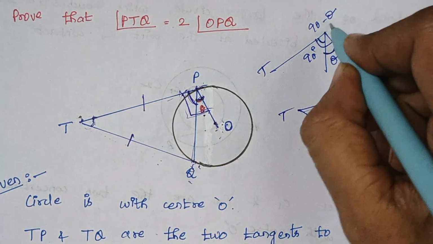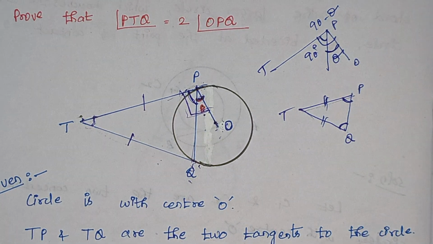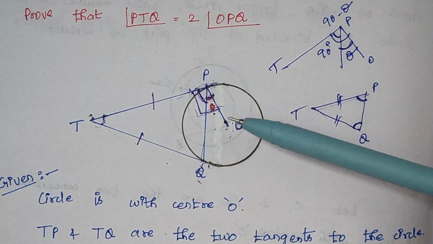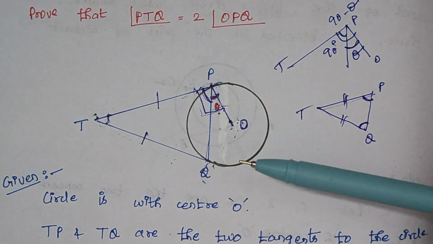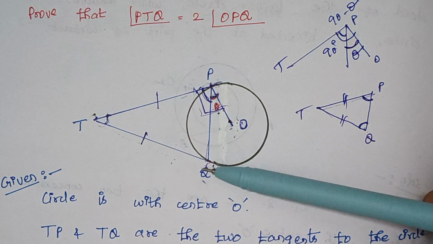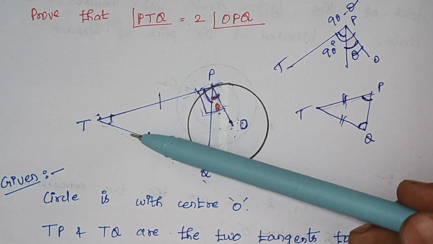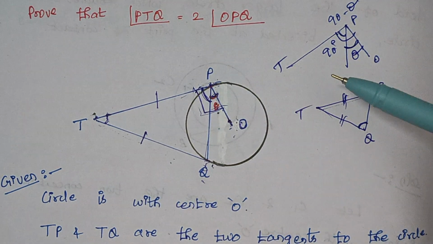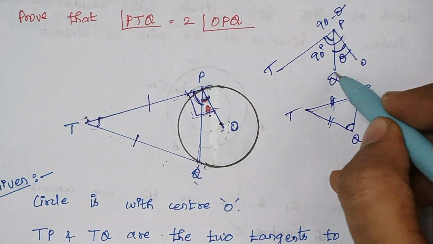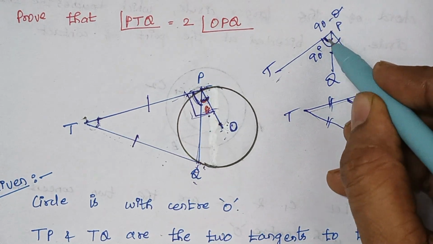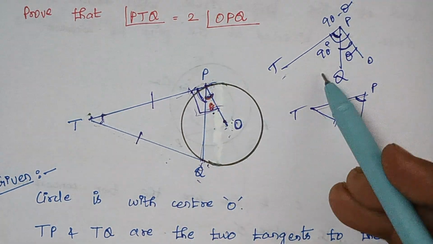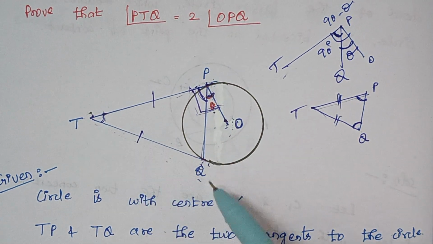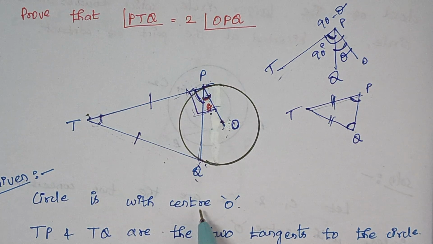This is your T, this is your P and this is your O. So the angle QPT is 90 minus theta, and similarly we can write angle PQT is also 90 minus theta.